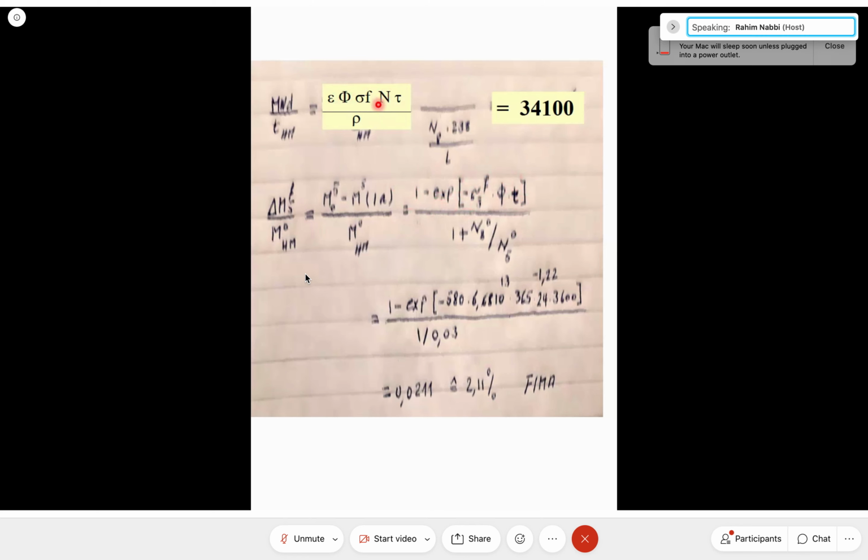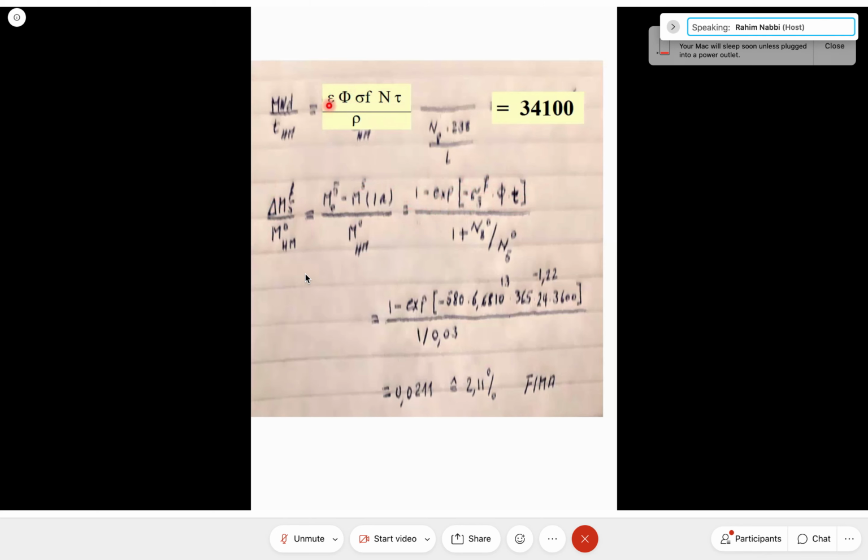I would like to summarize. If you want to calculate burnup in the unit megawatt day per ton heavy metal, the numerator should be according to this way, and then multiply with epsilon.